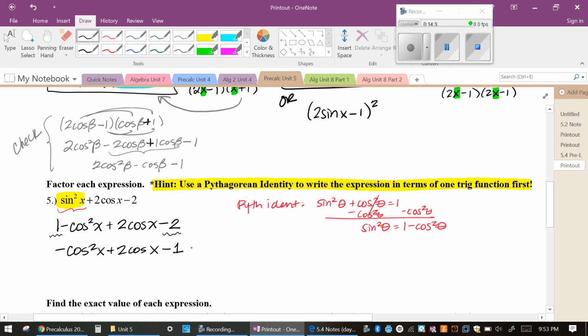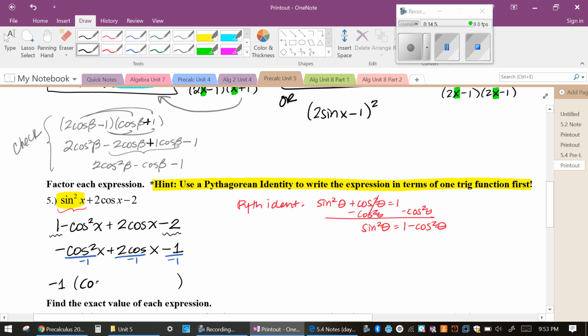Now, when it comes to factoring, your leading coefficient shouldn't be negative. So I'm going to go ahead and divide all of those terms by negative 1. And then I'll be ready to factor. So I'm going to divide out a negative 1.